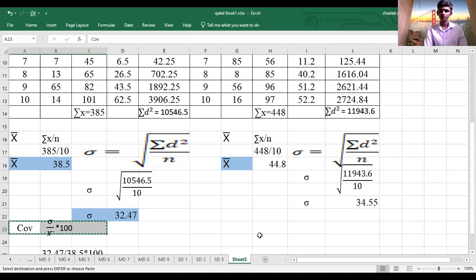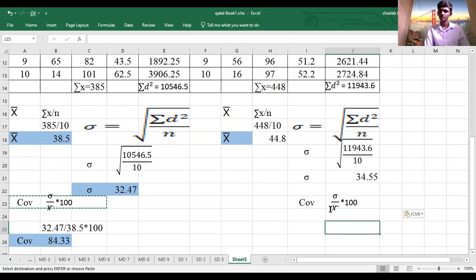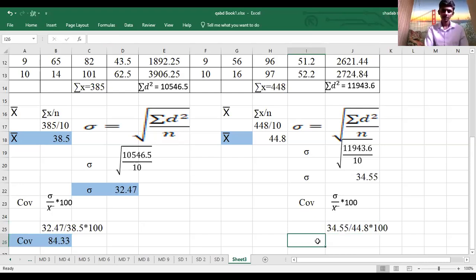Now here also we have to find the coefficient of variance. Coefficient of variance equals sigma divided by x bar into 100. The value of sigma, the standard deviation, is 34.55, divided by mean 44.8, into 100. If you simplify this, you will get 77.12 as your coefficient of variance.